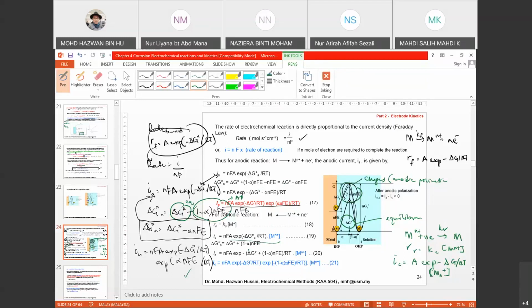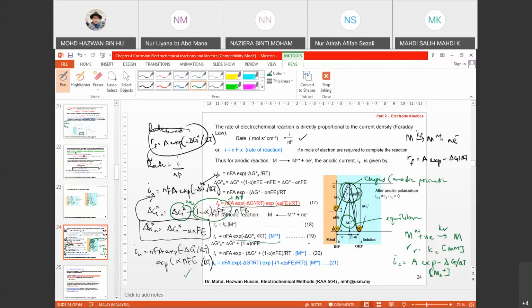Other things will be the same. The cathodic activation energy is equal to delta G plus 1 minus alpha NFE. Then when you substitute this into your current density equation, you will get the final term as this.